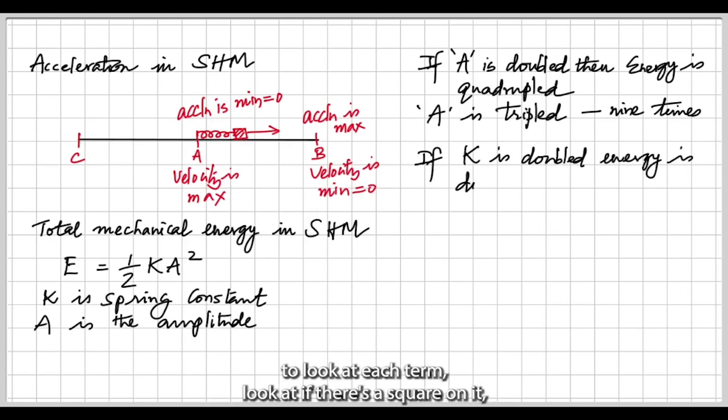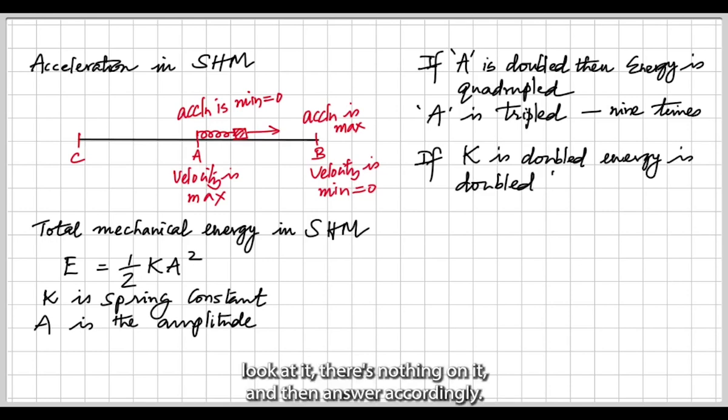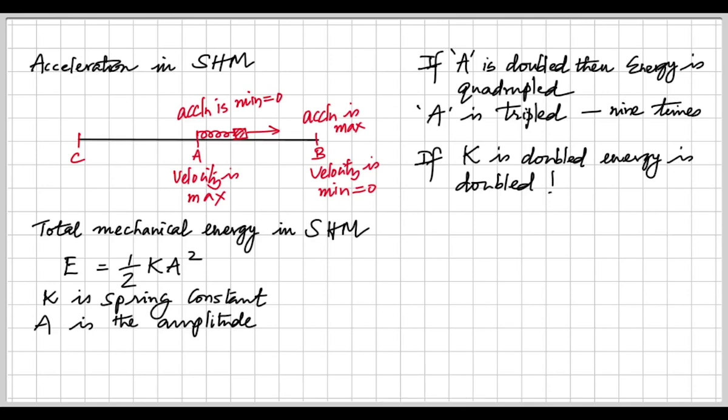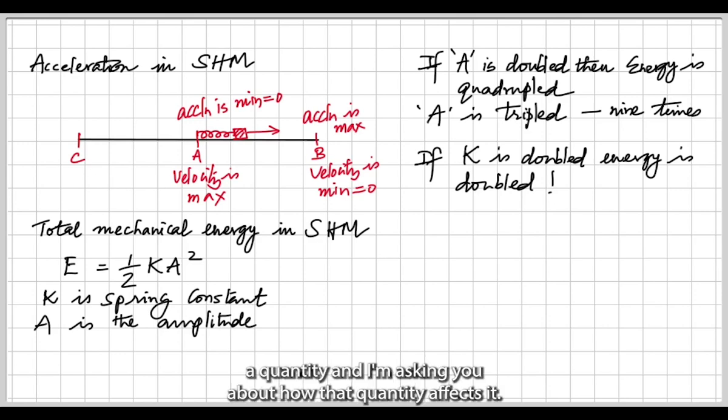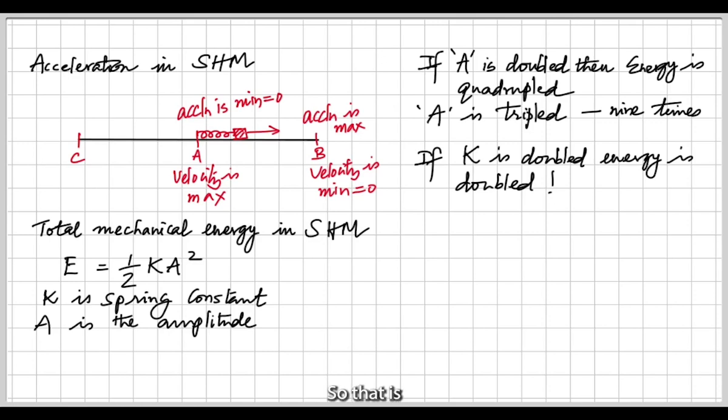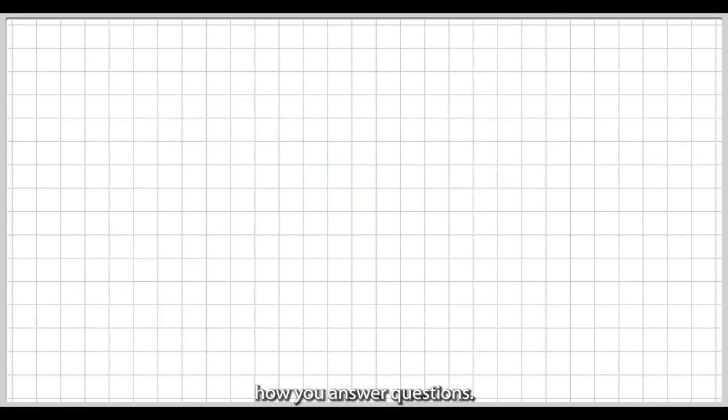Look at if there's a square on it. Look at if there's nothing on it and then answer accordingly. Or if that formula doesn't have a quantity and I'm asking you about how that quantity affects it, you say it's independent. It's not going to change. All right? So that is how you answer questions.